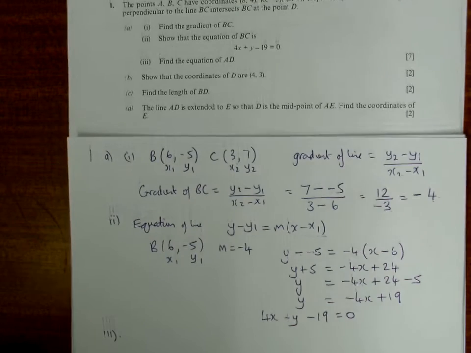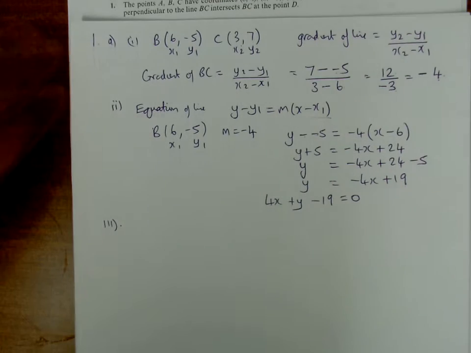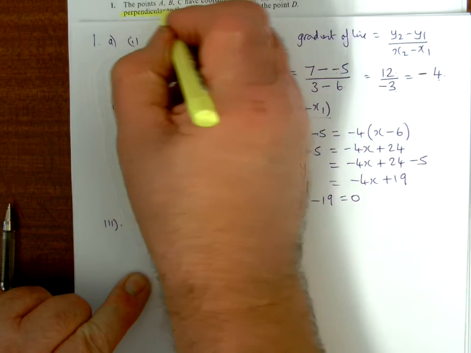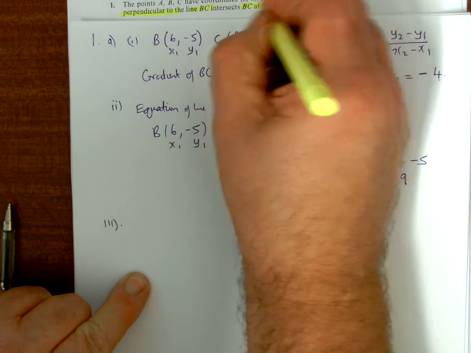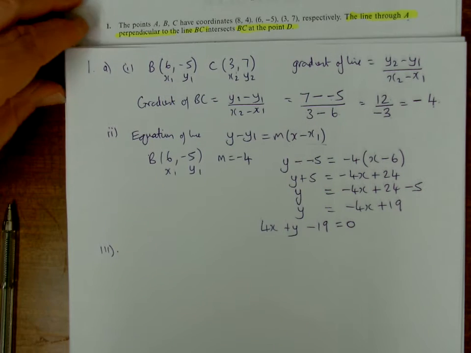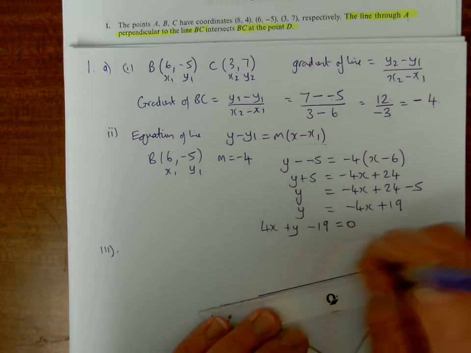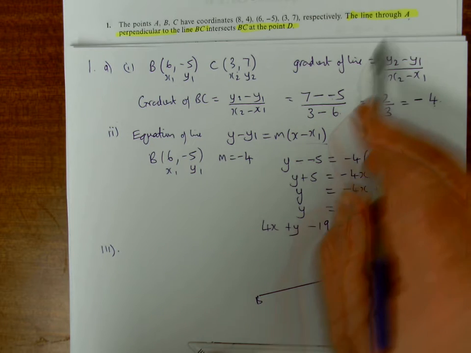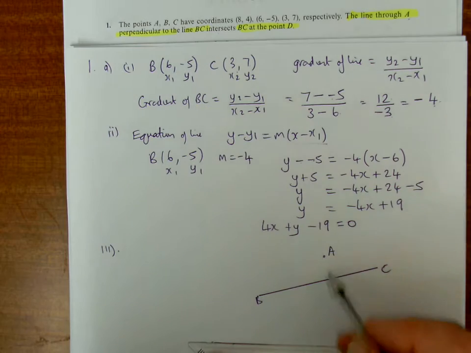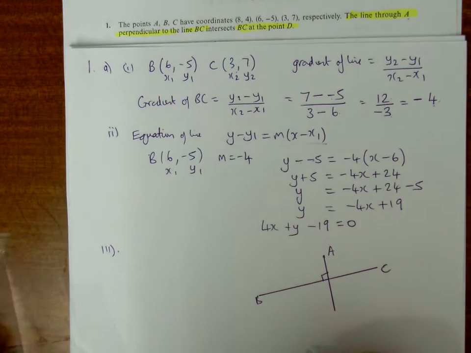And the third part wants the equation of AD. Now I need to go back and understand what's happening with the point D. Okay, so we've got the line through A perpendicular to BC, and that intersects BC at D. So if I draw a little sketch, I've got the line BC, and then I've got another line which passes through A, there, and it cuts BC, is perpendicular to BC, so it's coming through BC at 90 degrees.